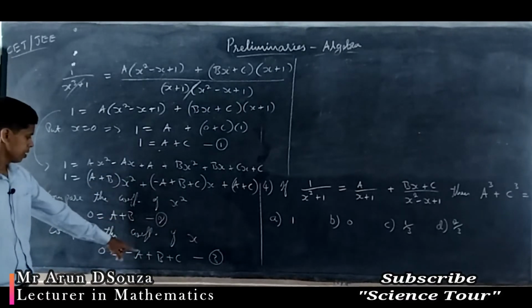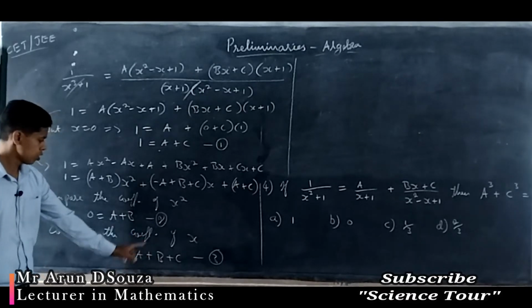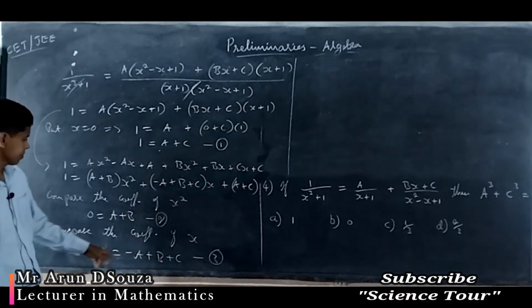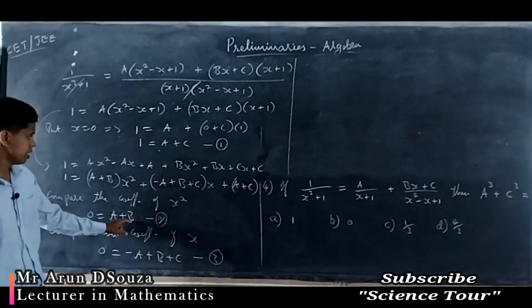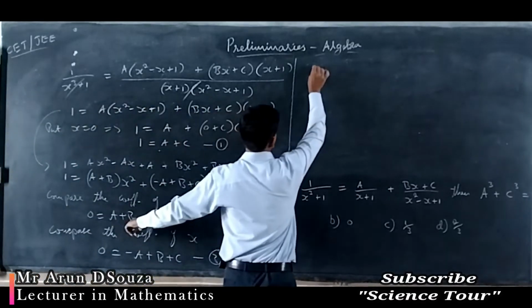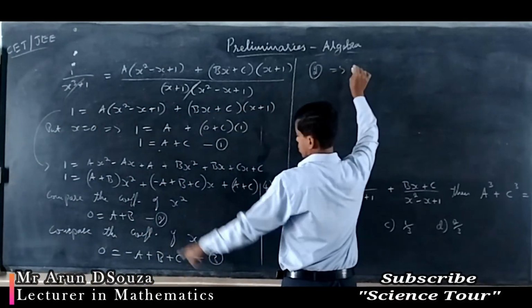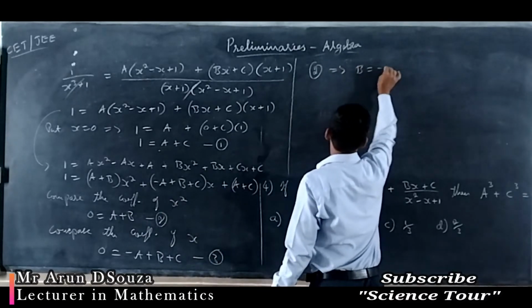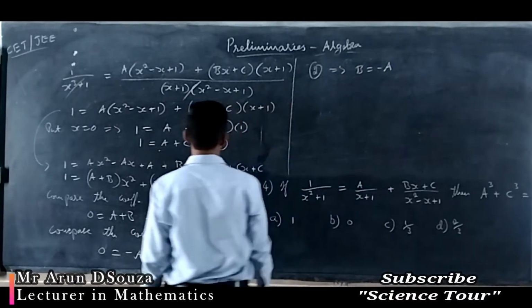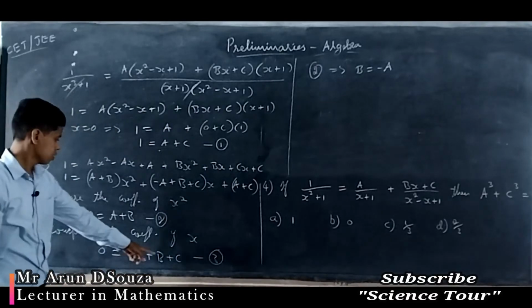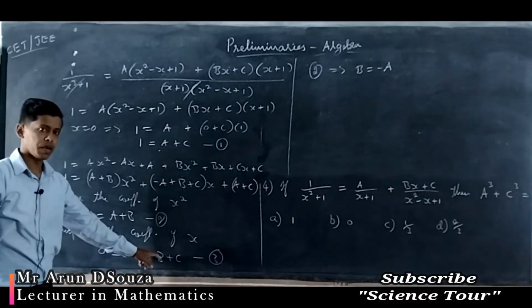Now see, from this what is the value of b from second? B is equal to minus a, correct? B is equal to minus a. So in this place I can write minus a.